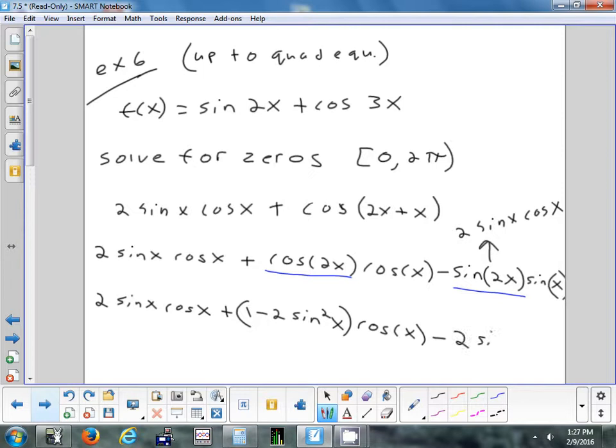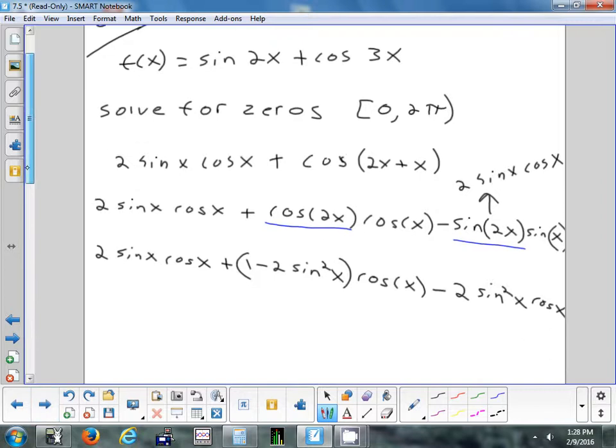Yeah, you've got 2 sine cosine sine. If you've got the sine twice, it's sine squared. I'm just doing that because it does save a little bit of writing, and I'm hoping you see something in a second. Any questions on that?